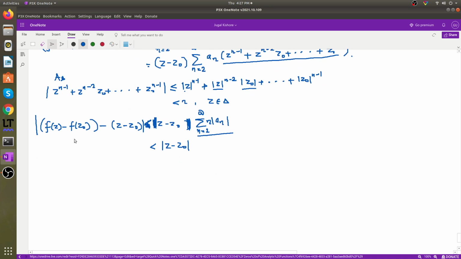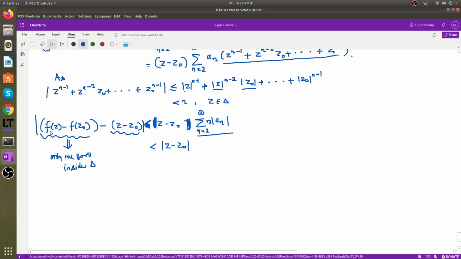Now by Rouche's theorem, this function and this function have the same number of zeros inside the unit disk. Since z minus z naught has only one zero inside the unit disk, f(z) minus f(z naught) has only one zero inside delta.